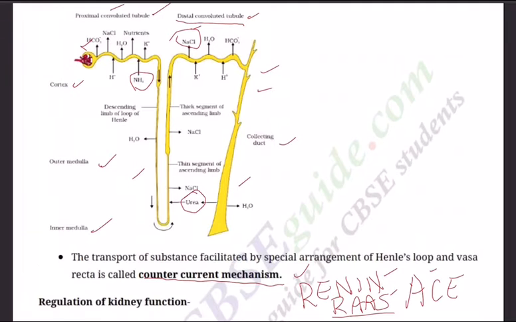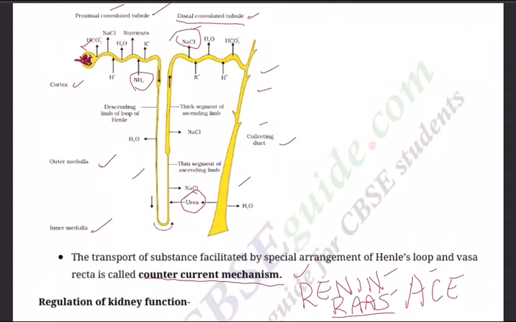The distal convoluted tubule joins a common duct, CD we say, or collecting duct. The main mechanism involved in urine formation is the countercurrent mechanism, which talks of the transport of substances facilitated by the special arrangement of Henle's loop and vasa recta.